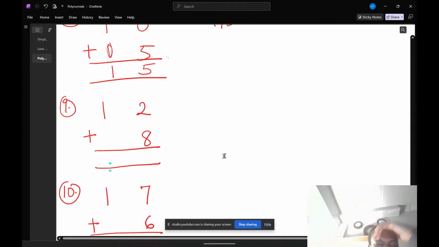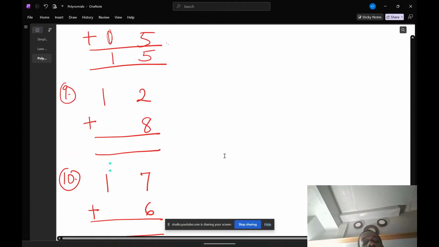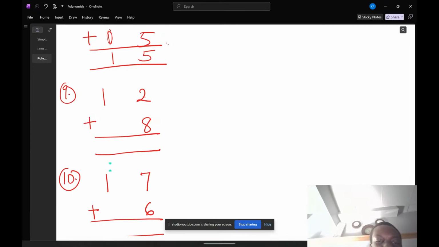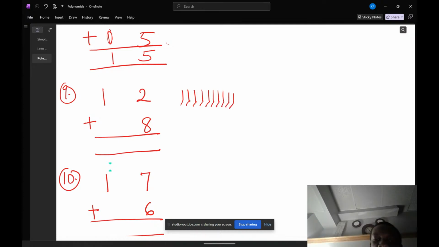Number 9, we have 12 plus 8. We have 2 on top, 8 under. If we count 8, 1, 2, 3, 4, 5, 6, 7, 8, and now count 2, 1, 2. If we count both of them together, it will be 1, 2, 3, 4, 5, 6, 7, 8, 9, 10. So 8 plus 2 is 10.